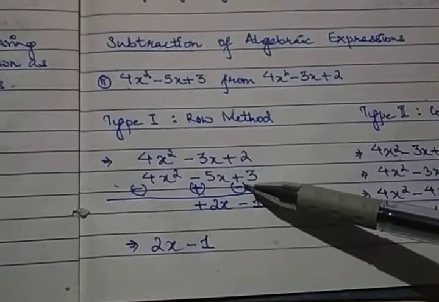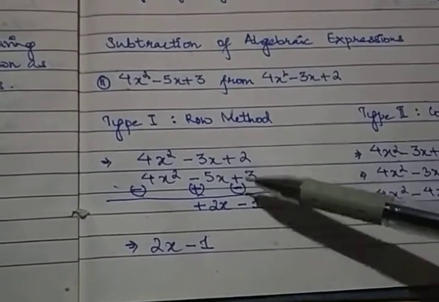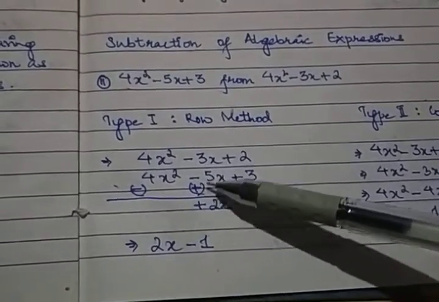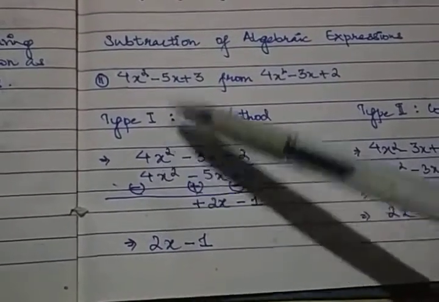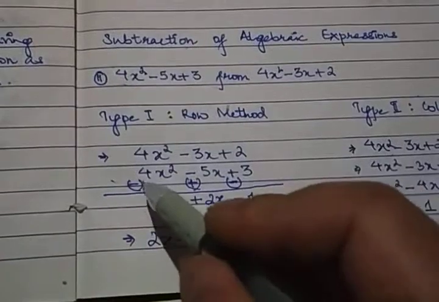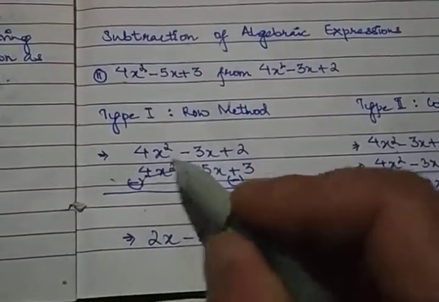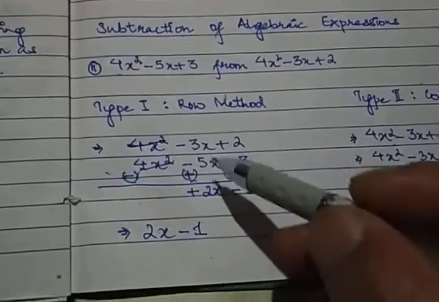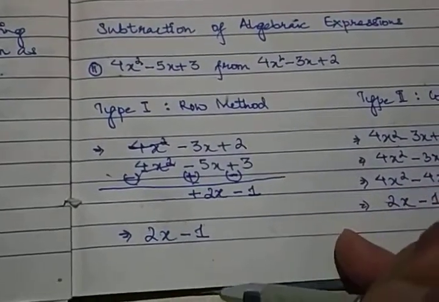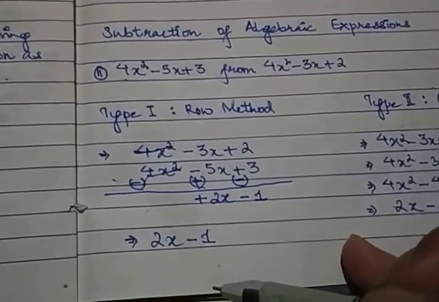So there it goes. Minus 3 plus 2 is minus 1, plus 5x minus 3x is plus 2x. These two are like terms, they can be cancelled directly. So it's cancelled, it is 0, no need to mention the 0. So your answer is simply 2x minus 1. Is it okay, dear kids?